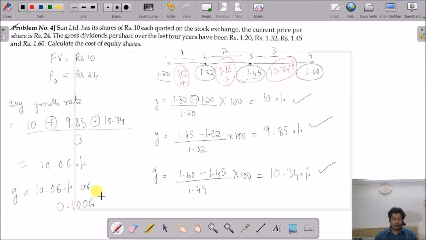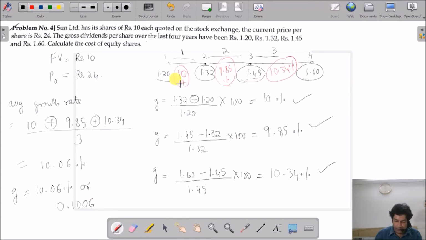So this is our growth rate. So in this sum, what you have understood is how to find the growth rate. If they don't give you the growth rate, they are going to give you some way to calculate the growth rate, and in this sum they have given you the gross dividends which are rising year on year. So with that help we can find the growth rate.